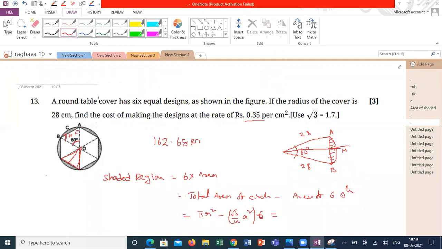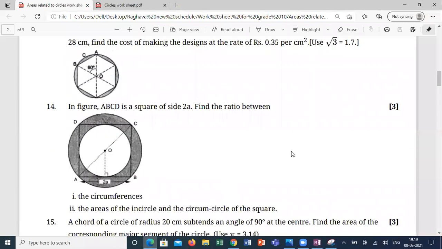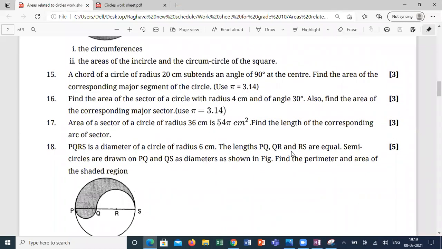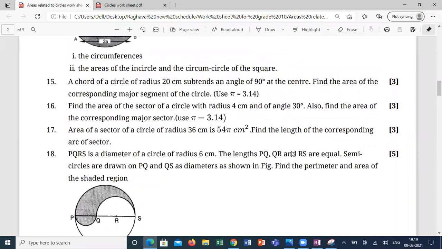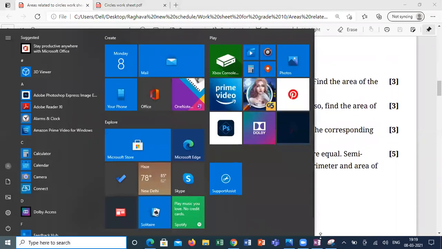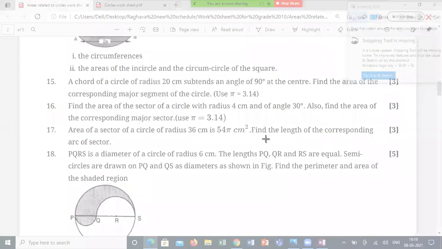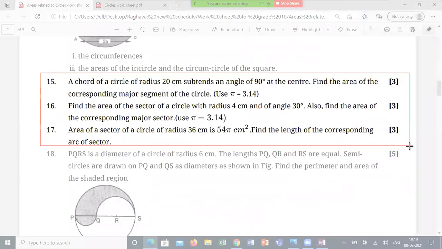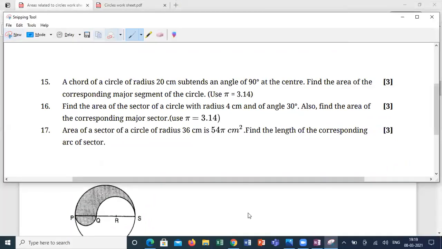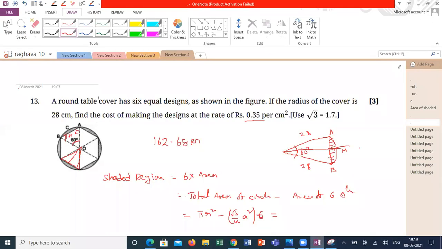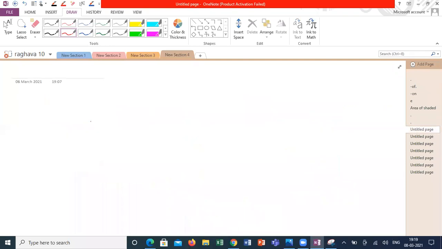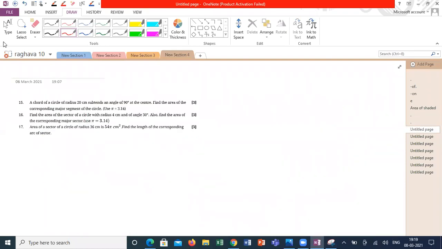Nirupama, who completed question number 13? Please solve these three questions.